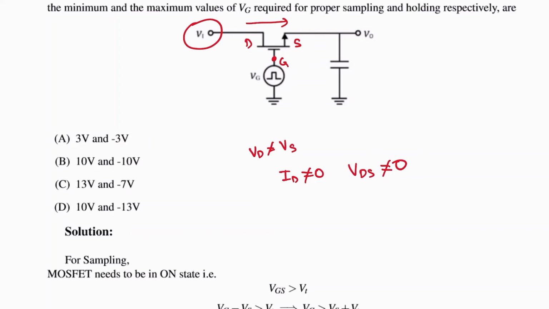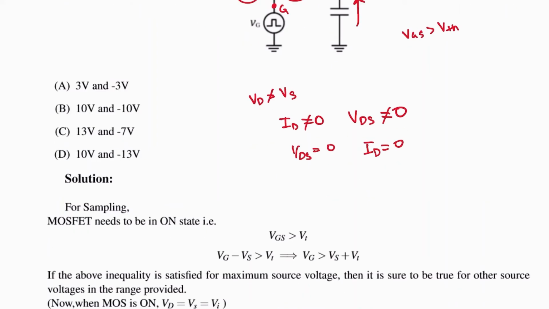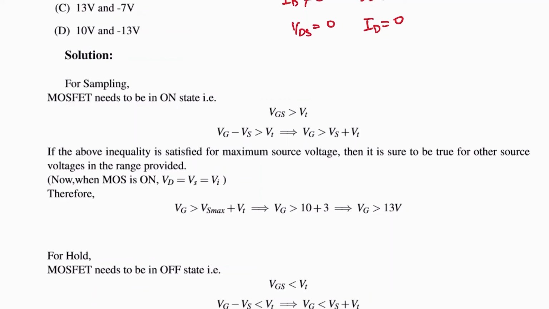So only when the VDS is equal to 0 will the ID be equal to 0. So when the MOSFET is in on state, we assume that the capacitor will charge up to the drain voltage, provided of course that VGS is greater than VTH, and so therefore VD will equal VS, and since VD is Vi, VD equal to VS equal to Vi.